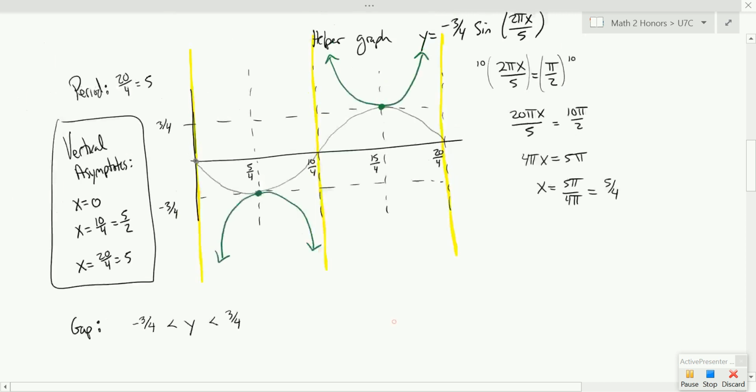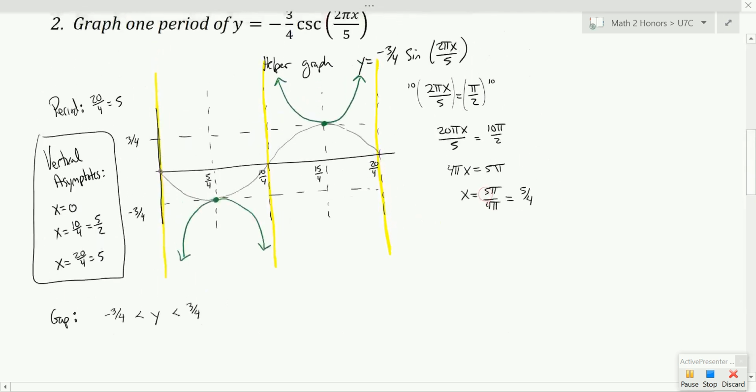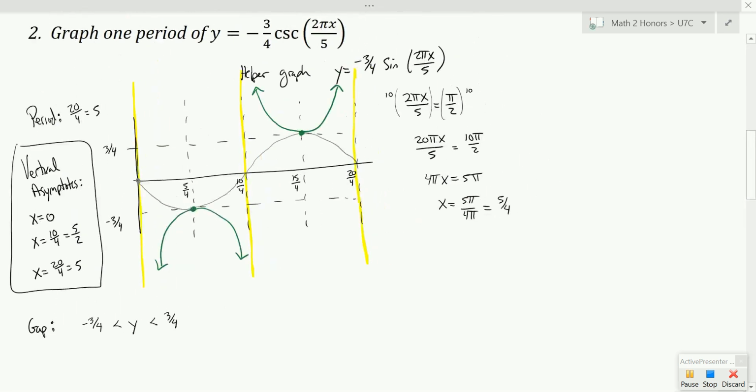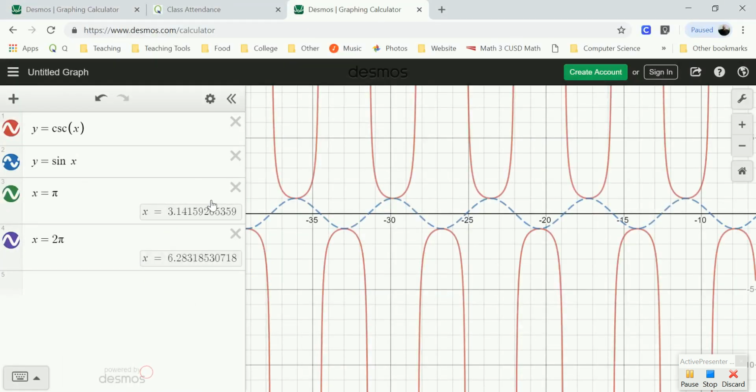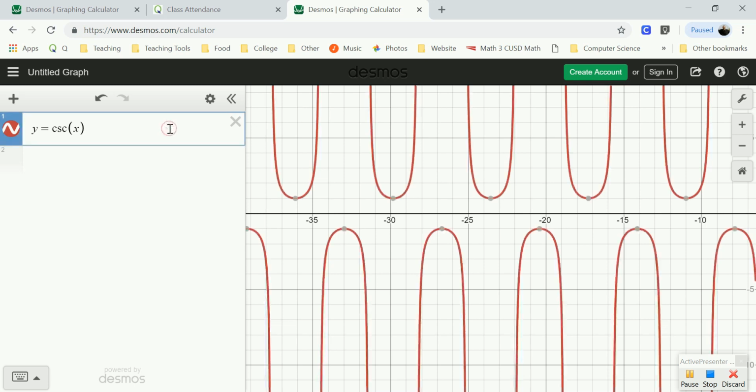Question on that one? How'd you do? Okay. Back to our function here. This time we're going to look at the other one, the secant.